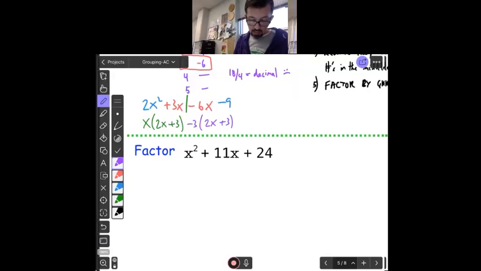And then we stop and check: those are the same, it's going great. So those 2x plus 3's go together, and then we look at our leftovers, the x minus 3.